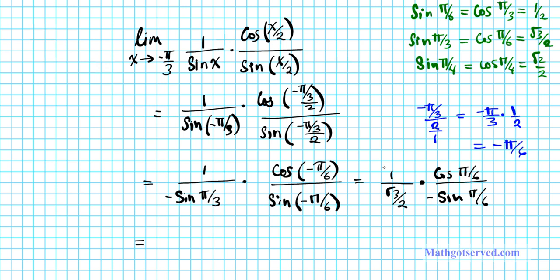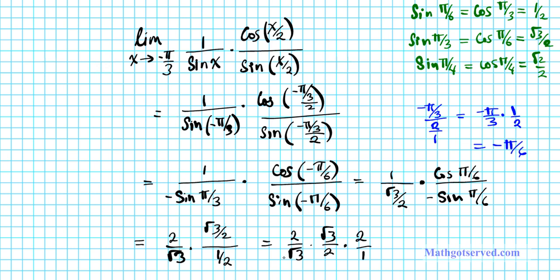Since we're dividing by root 3 over 2, we multiply by its reciprocal, so 2 over root 3 times root 3 over 2, divided by 1/2. Since we're dividing by 1/2, it's the same thing as multiplying by its reciprocal, 2 over 1.